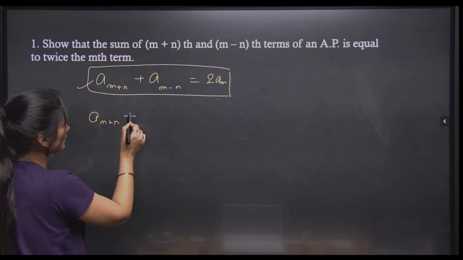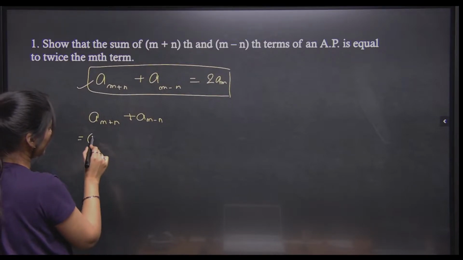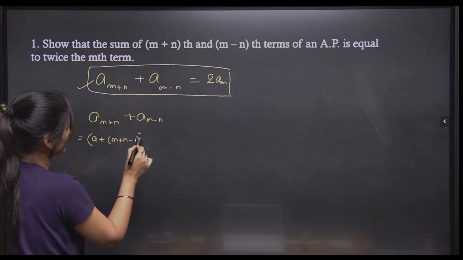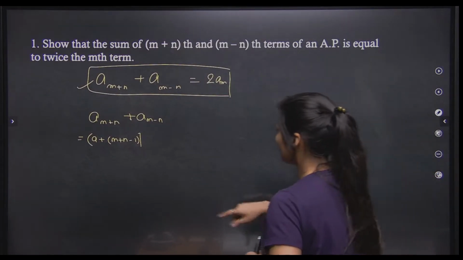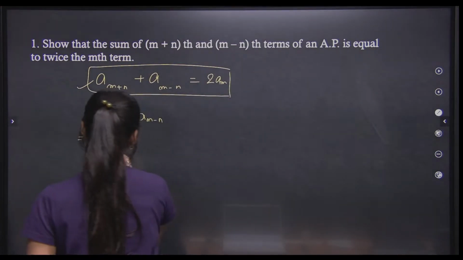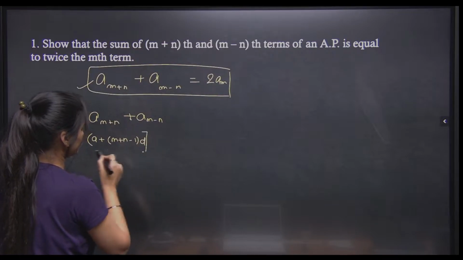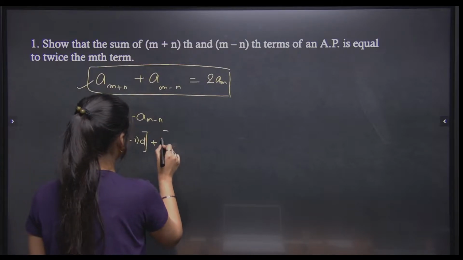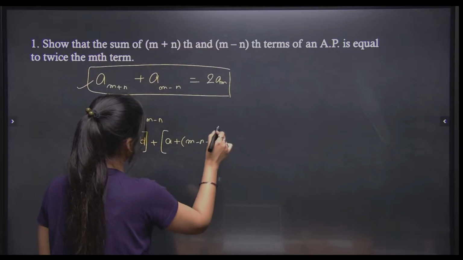Value of left hand side. So m plus nth plus m minus nth. So it is a plus n minus 1 d. So here n is actually m plus n. Okay, so it is a plus m plus n minus 1 d. Similarly, for this part we have a plus m minus n minus 1 d.